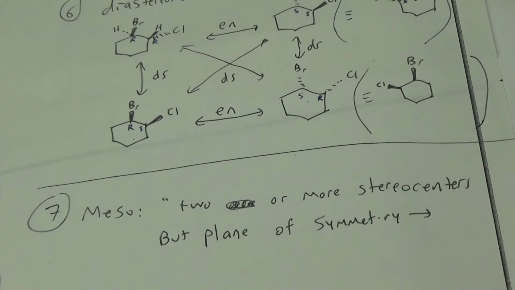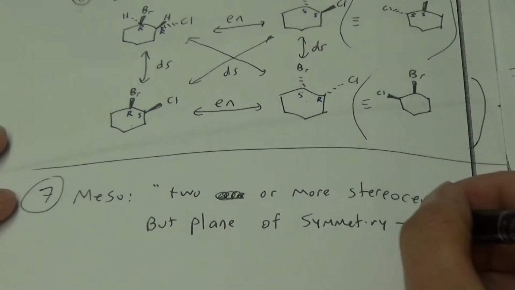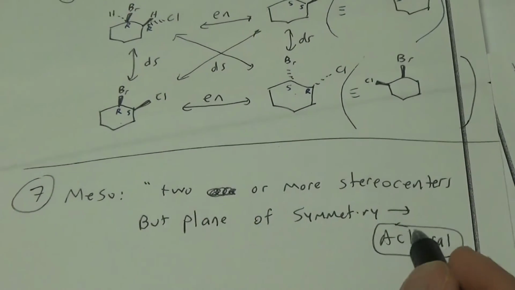And by having an internal plane of symmetry, are they chiral or achiral? They're always achiral. So meso will always be achiral.